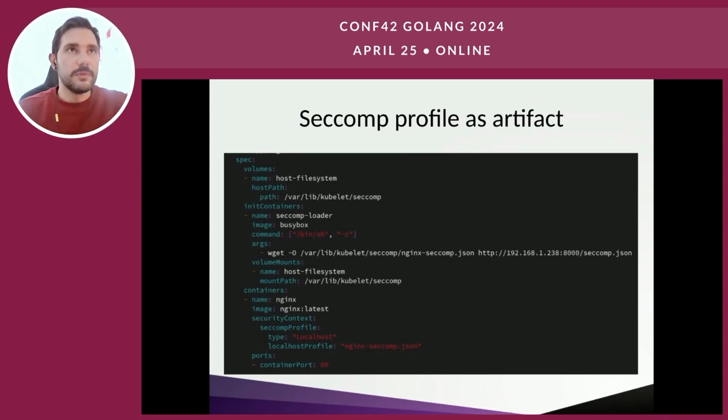And there's the example. The init container basically downloads it and stores it under /var/lib/kubelet/seccomp. And then the container, in this case the nginx container, for example, uses the security context seccomp profile of type Localhost, by referring to the seccomp profile itself with the localhostProfile.